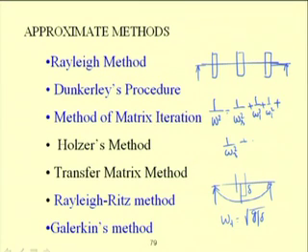The matrix iteration, Holzer and transfer matrix methods can be used for multi degree of freedom systems, and one can easily find the natural frequency of the system by using the Rayleigh method, where an assumed function can be used. This assumed function may not be the eigenfunction. Assumed functions are determined by taking only the geometric boundary conditions of the system.